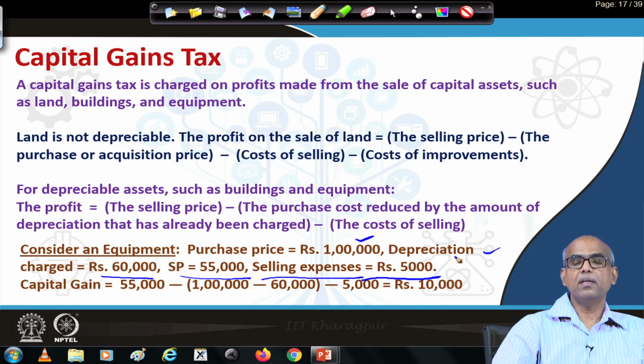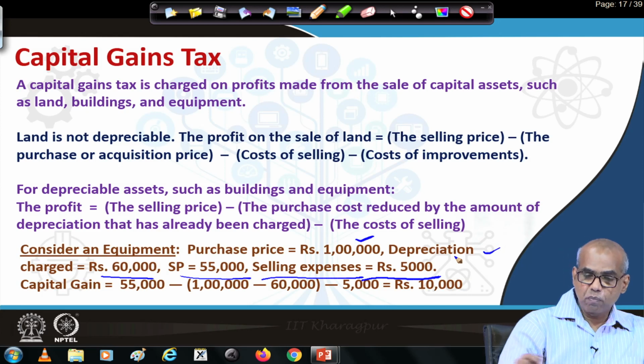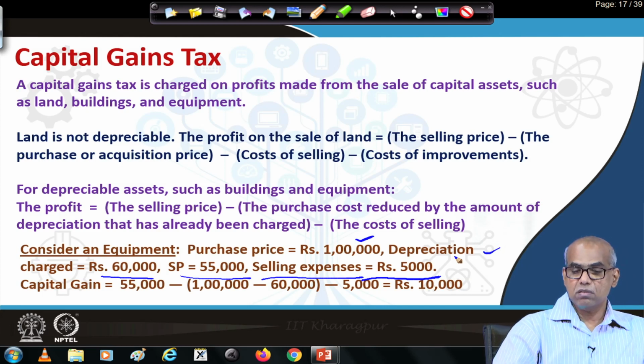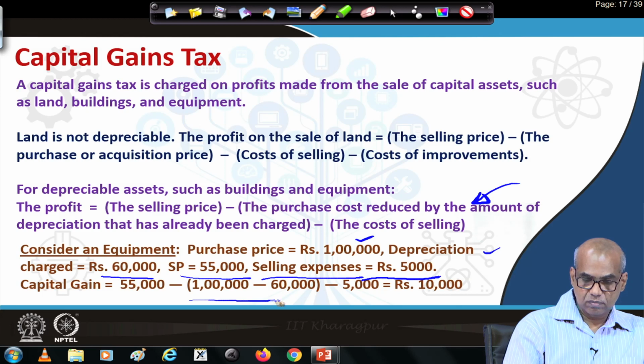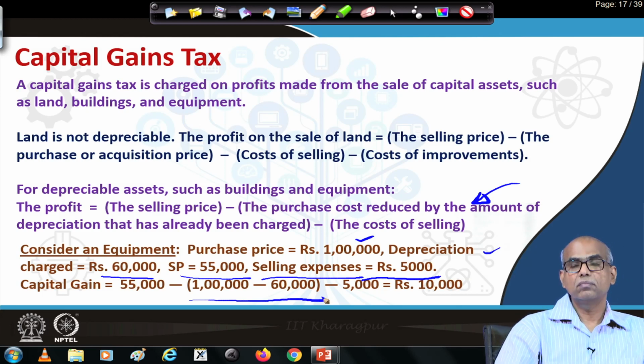So, what will be the capital gain? First compute this quantity, the purchase cost reduced by the amount of depreciation that has already been charged. How much depreciation has been charged? Rupees 60,000. So, this quantity is 1 lakh minus 60,000. This gives me 40,000.